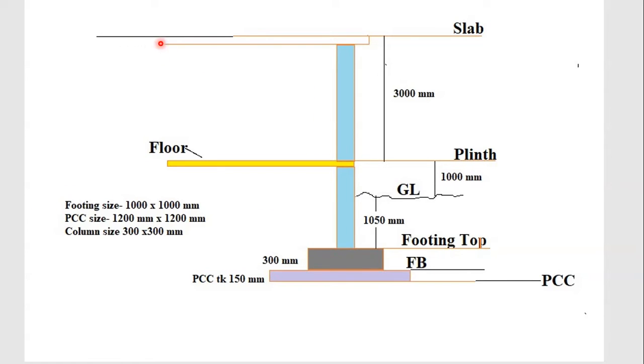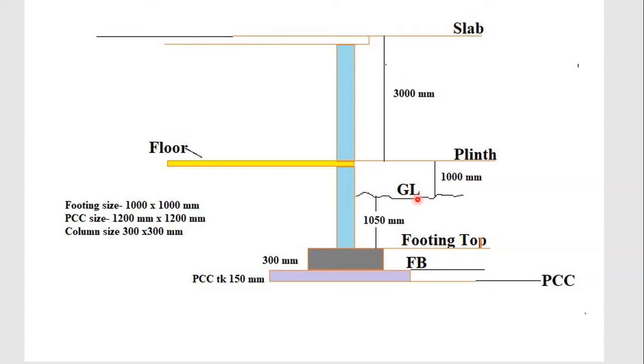In this figure, this is slab and hence top of the slab is designated as slab level. Here this is floor and hence this is plinth level. In Revit we have to start our drawing by creating different levels, and that's why this drawing is prepared.